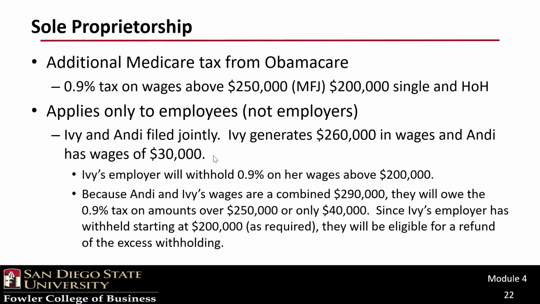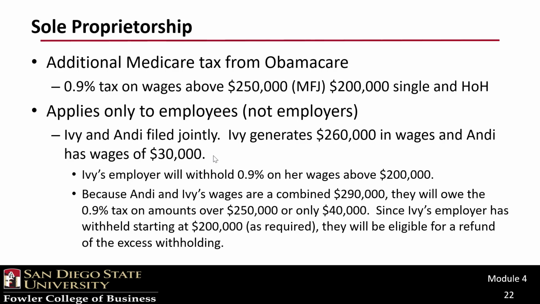If Ivy and Andy file jointly, and Ivy's wages are $260,000, then Ivy's employer is going to withhold on wages in excess of $200,000, even though the limit is $250,000 for married filing jointly. Withholding starts for all taxpayers at $200,000.